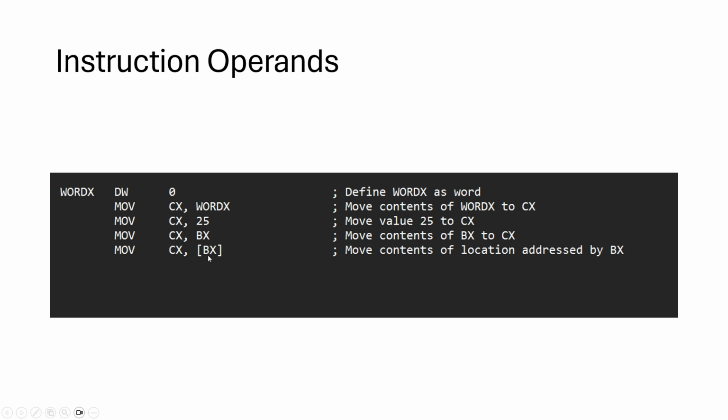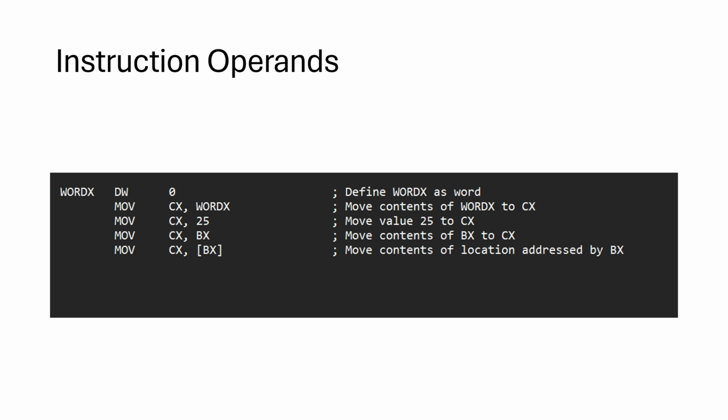For the fourth instruction, the square brackets in the fourth move instruction define an index operator, which means use the offset address in BX, combined with the segment address in DS as DS:BX. Whatever is stored at the address DS:BX locates a word in the memory, and its contents are moved to CX.